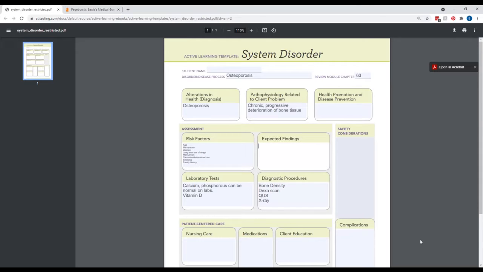So expected findings, I'm just going to fill in, I won't make you guess. I put for this, so low bone mineral density on the scan, right? We would expect that they would have this on the scan. And the way it's measured is a T-score. And we want to see a T-score less than negative 2.5 for osteoporosis.